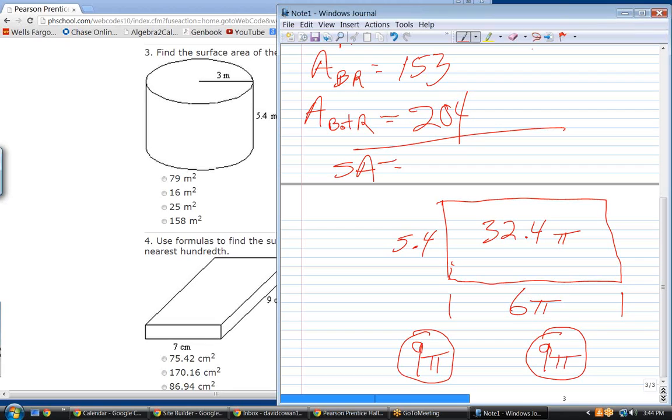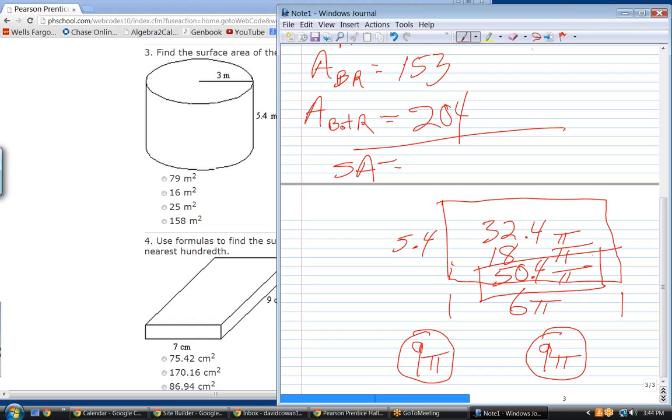Okay, so what's the total surface area? Ooh. Would you include pi, or would that make it pi cubed? No, we're adding, first of all, so we're going to add 32.4 pi to 18 pi, and we're going to get 50.4 pi.